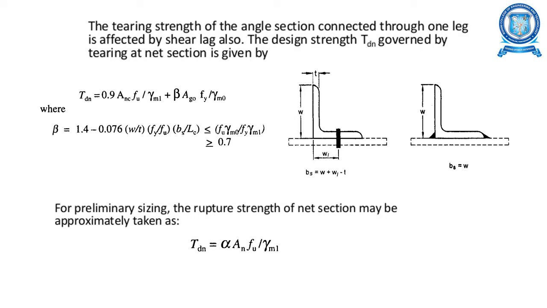Let us see about the tearing strength of the angle section. The tearing strength of the angle section connected through one leg is affected by shear lag also. The design strength TDN governed by the tearing at net section is given by TDN equal to 0.9 Anc Fu divided by gamma m1 plus beta Ago Fy divided by gamma M0, where Anc is equal to net area of the connected leg and Ago is equal to gross area of the outstanding leg.